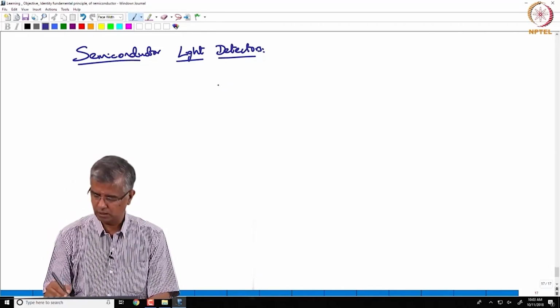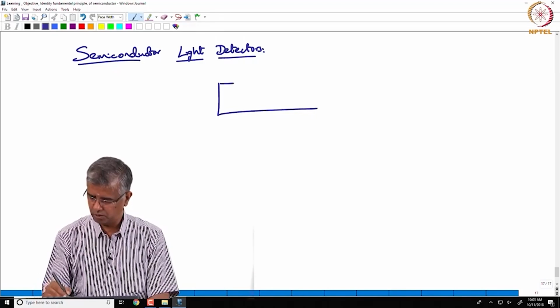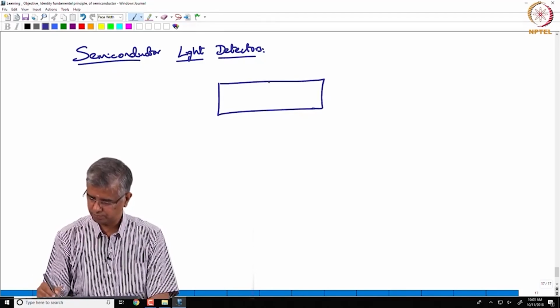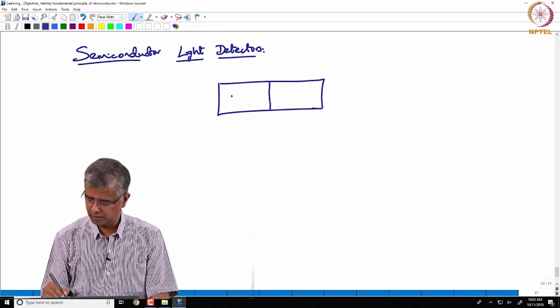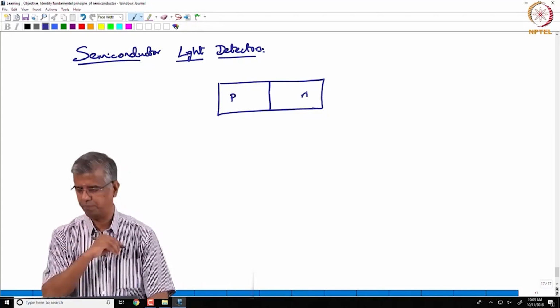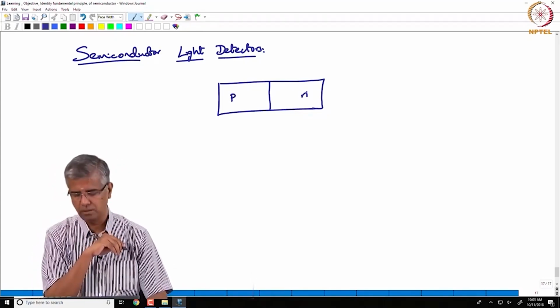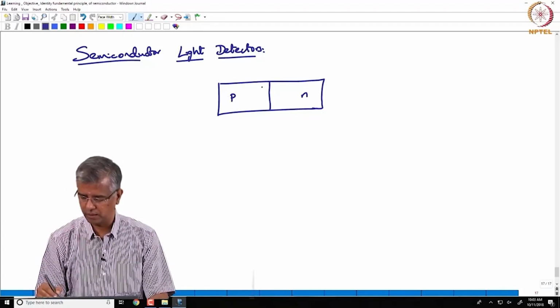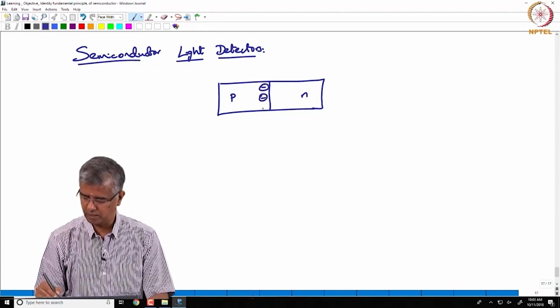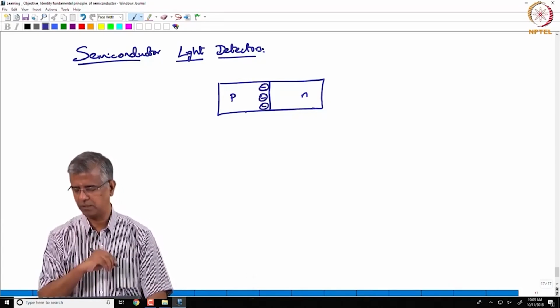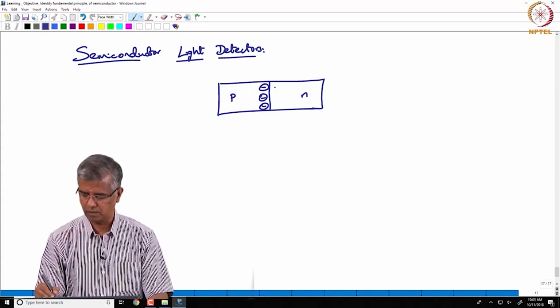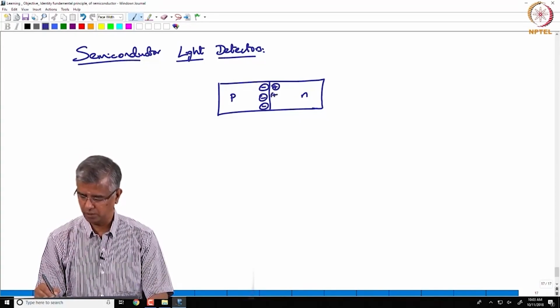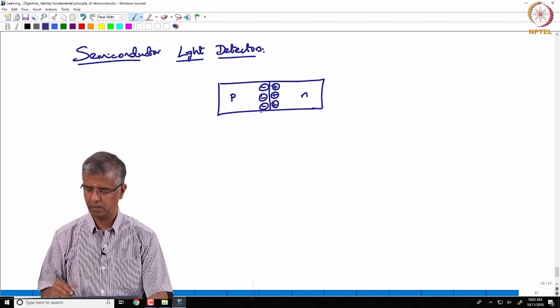So, as we saw before, when we consider a PN junction diode, the excess holes are going over to the N side from the P side, and that is leaving behind some fixed charges, negative charges on this side and positive charges on this side.